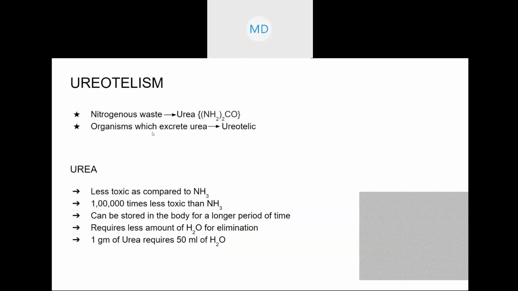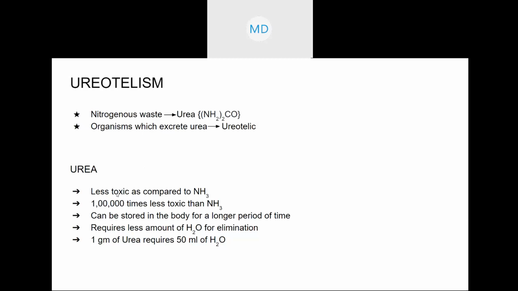So now, what are the advantages of excreting urea over ammonia? Let's first talk about how urea excretion is a better option than ammonia for organisms which are terrestrial or cannot afford to lose that much water, because we have already seen that the quantity of water required to excrete ammonia is very high.